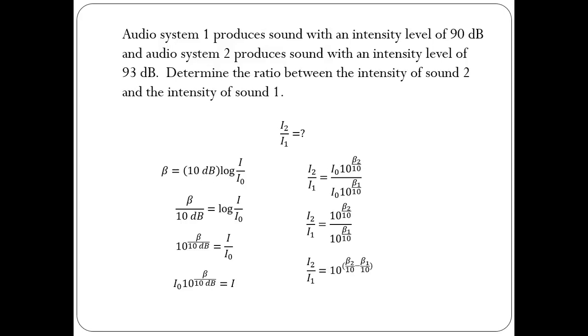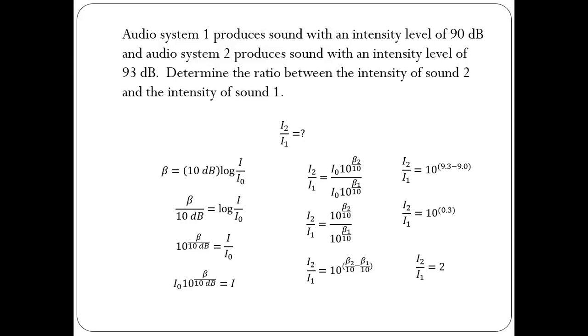We can combine powers of 10. If you have something with an exponent divided by something with an exponent, that's the same thing as subtracting those exponents. And so we can now actually calculate that the difference in intensity is 10 to the 9.3 minus 9.0 power, or 10 to the 0.3 power, or 2.